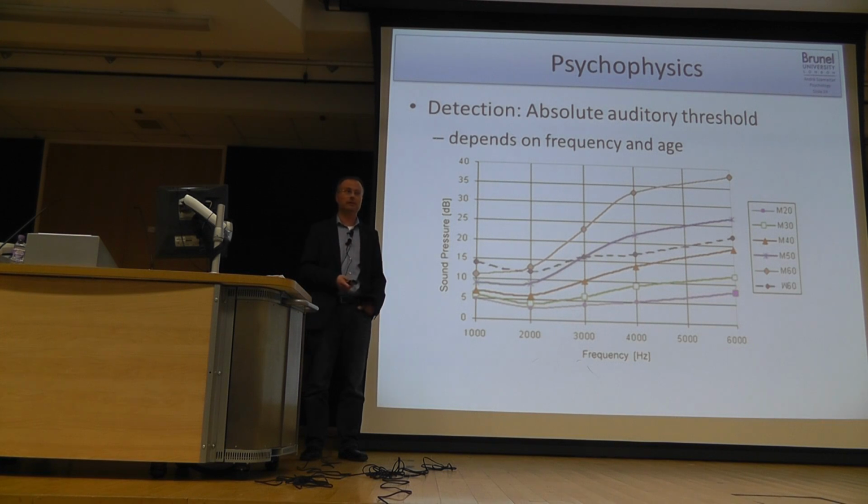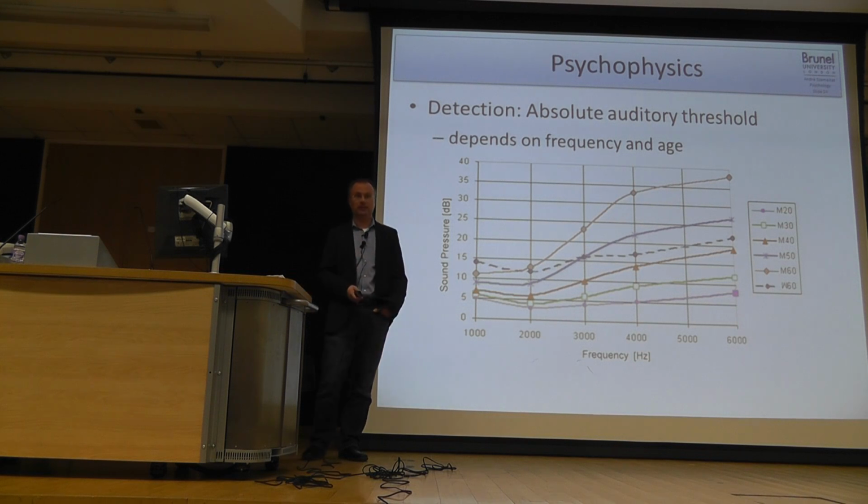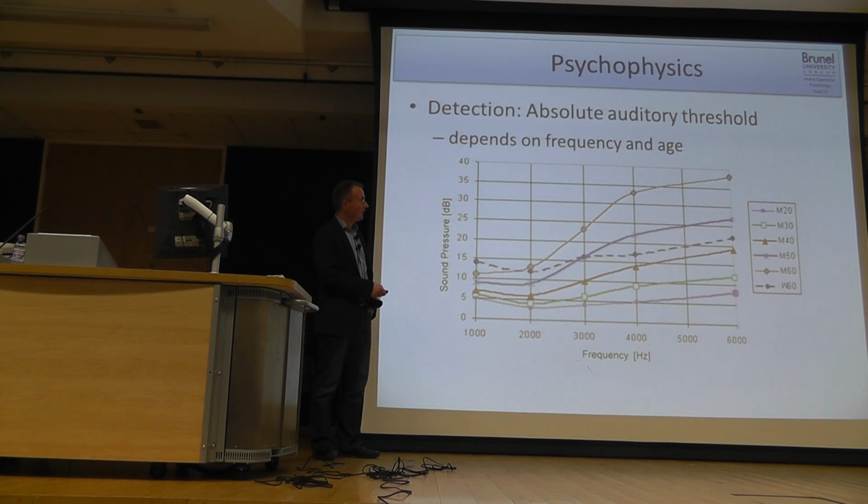Why are we most sensitive here? Maybe our speech. Yeah. So because that's one of the most important signals in our environment, speech. So we are somewhat tuned to that area. And you can see that this is for a 20-year-old, 30-year, 40, and so forth. So we lose sensitivity with age.